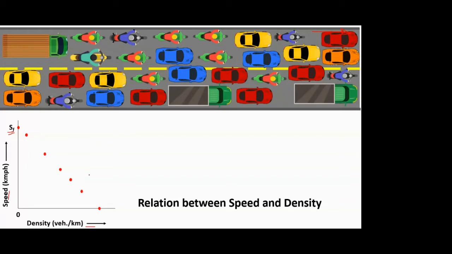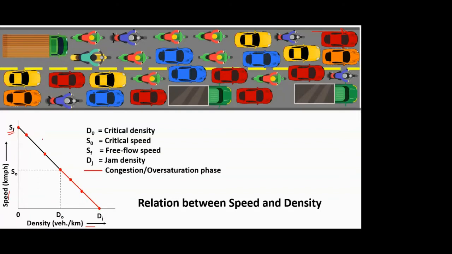If I join all these points, I'll get a straight line having a linear decreasing slope. If I plot some more points, I now have 4 points that I have named: SF and SO on the y-axis, and DO and DJ on the x-axis.